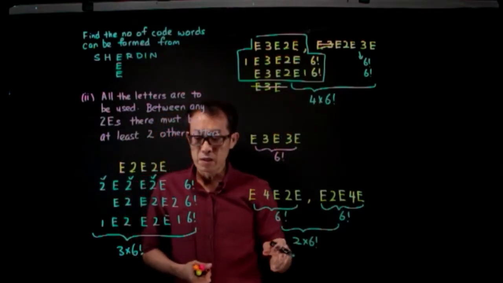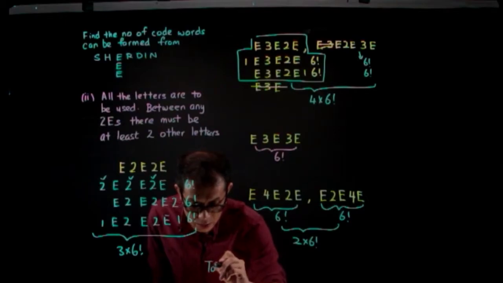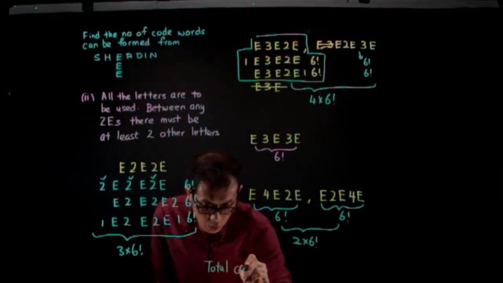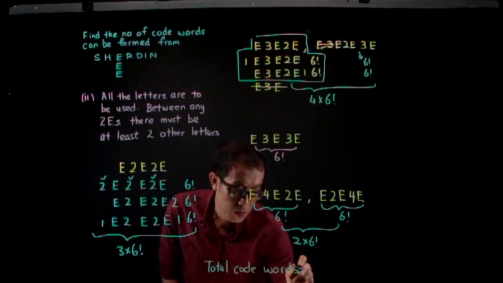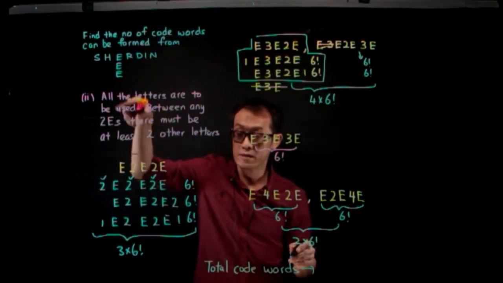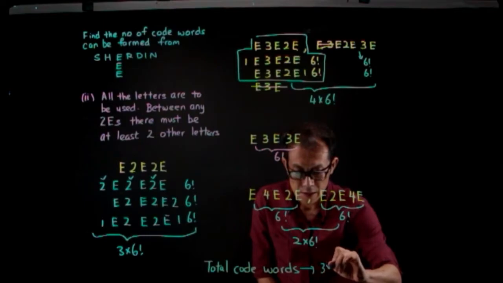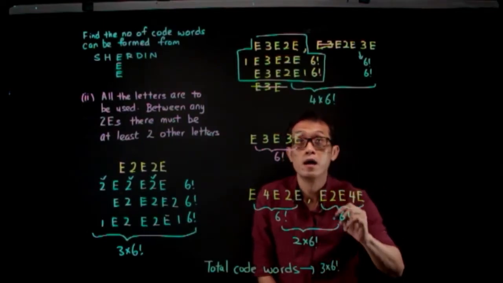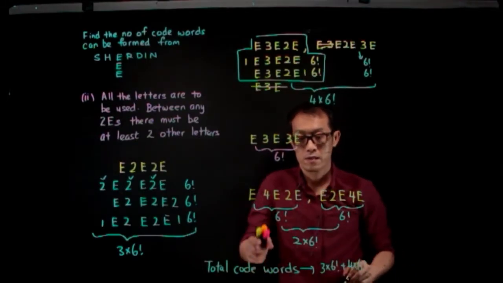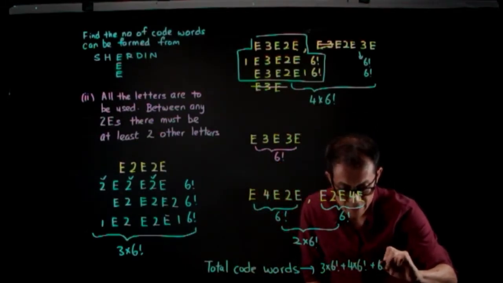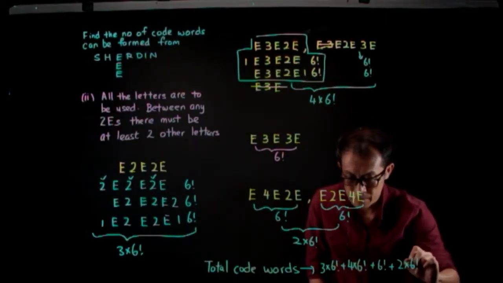So the total number of code words that you can form with these criteria will be 3 times 6 factorial plus 4 times 6 factorial plus 6 factorial plus 2 times 6 factorial.